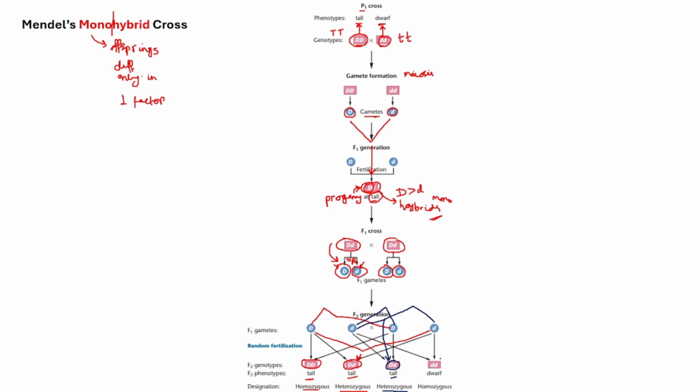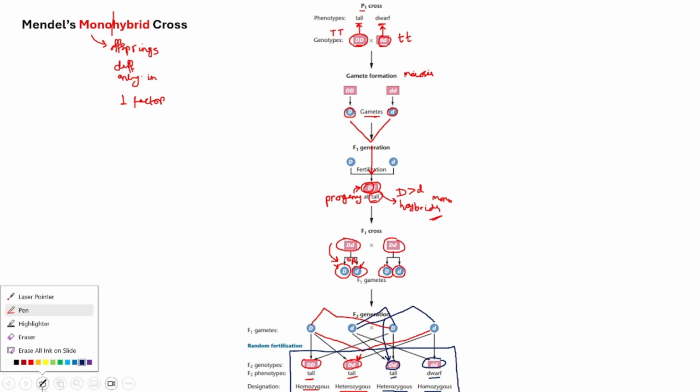So the genotype of such a progeny will be small d small d, and it will be dwarf because both are recessive alleles, and it will be homozygous, right? So these are all the possible genotypes and phenotypes of the progeny if you perform a cross between two F1 monohybrids, right? So these are all the possibilities.